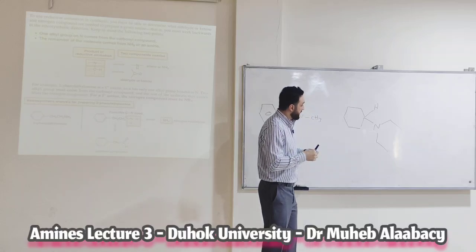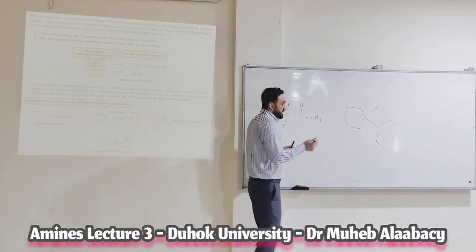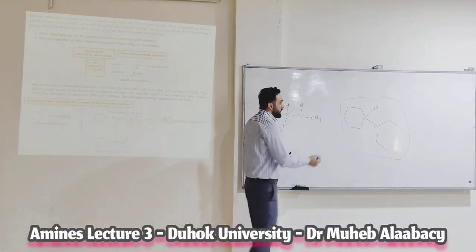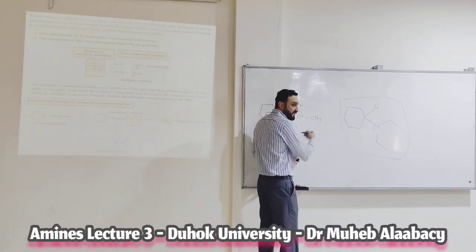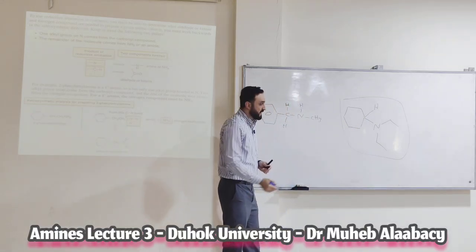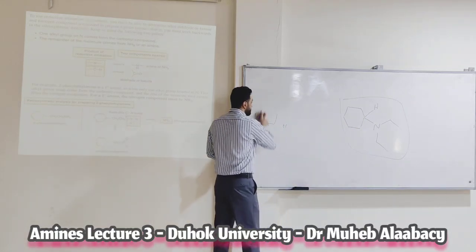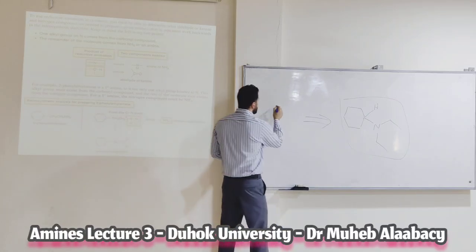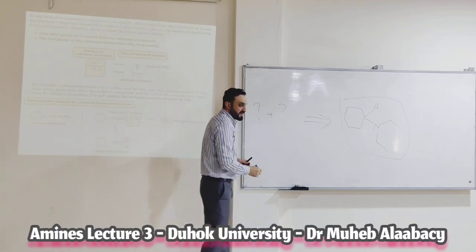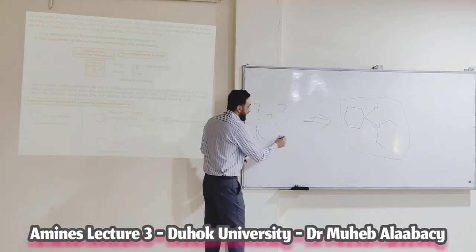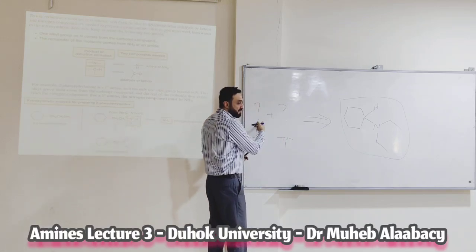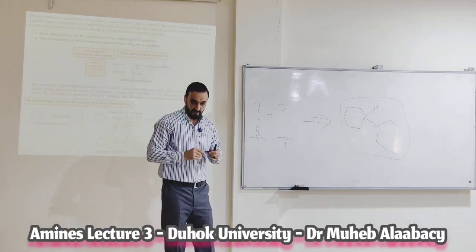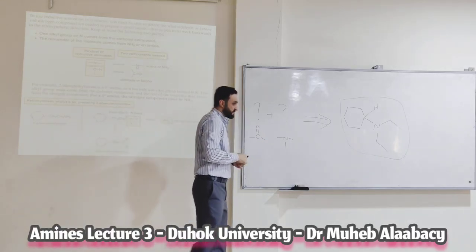That means if I told you, for example, prepare for me this compound, you go backward to the starting material. Any starting material is useful, like that, we show by this arrow. Any ketone and any amine can react with each other by reductive amination to give you the product. This is retrosynthesis, backwards reaction.